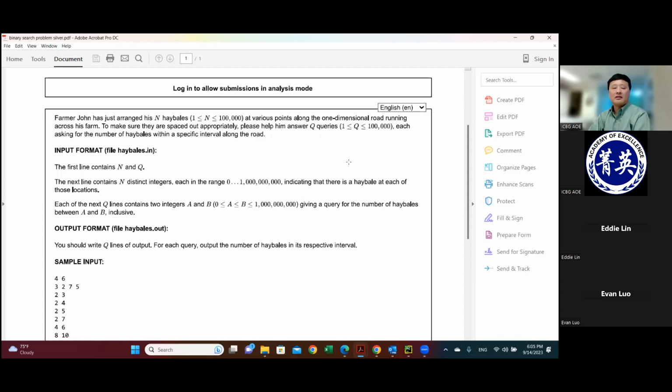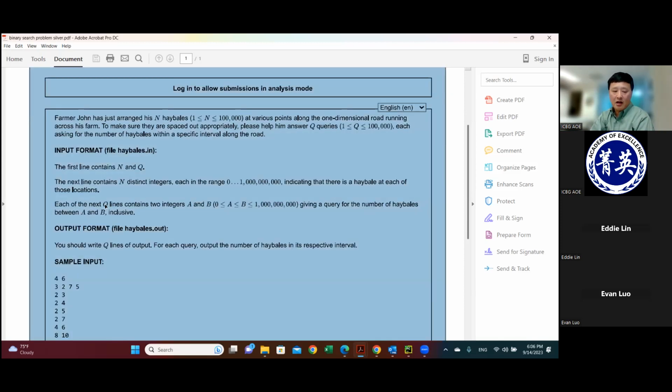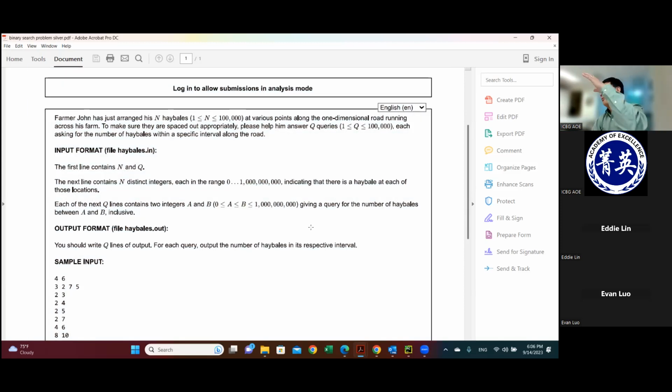Okay. So now this tells you what the input is. First line has two values, N and Q: how many hay bales, and how many queries they will ask you. The next line contains N distinct integers, that means the positions of the hay bales. And then the next Q lines, a lot of queries, each with a start point and an end point.